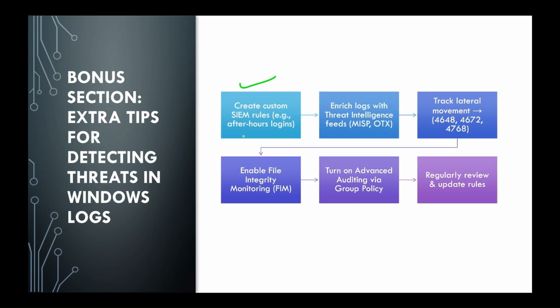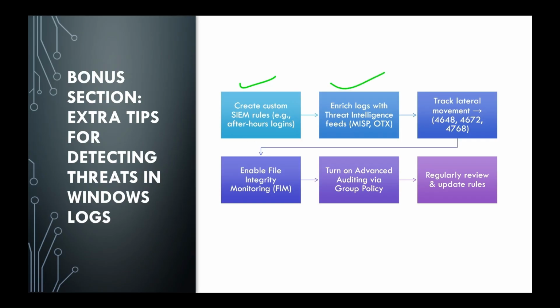For example, you could write a custom rule that flags anomalous logins from countries where your organization doesn't operate, or you could flag domain admin accounts being used after hours. So these small adjustments can help focus your monitoring efforts on the threats that matter most to you.